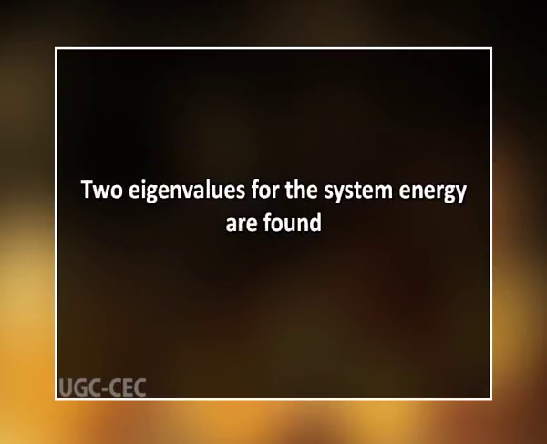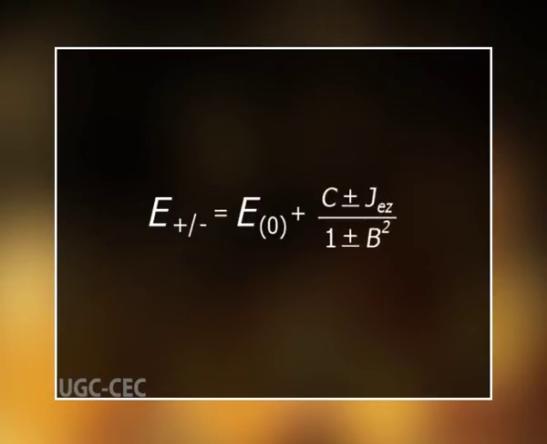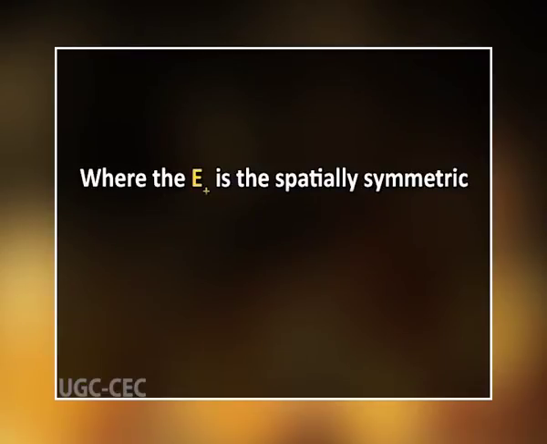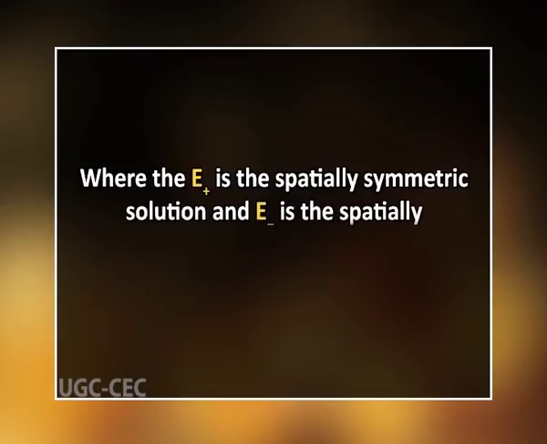Two eigenvalues for the system energy are found, that is E plus minus is equal to E0 plus C plus minus JEX divided by 1 plus minus B square, where E plus is the spatially symmetric solution and E minus is the spatially antisymmetric solution.